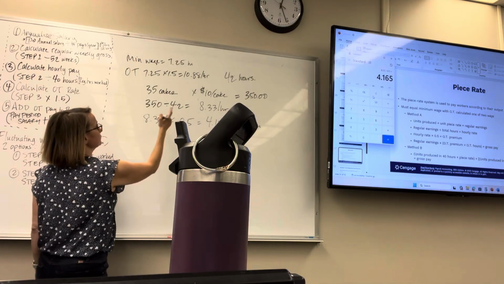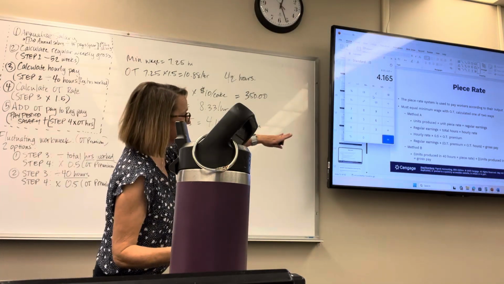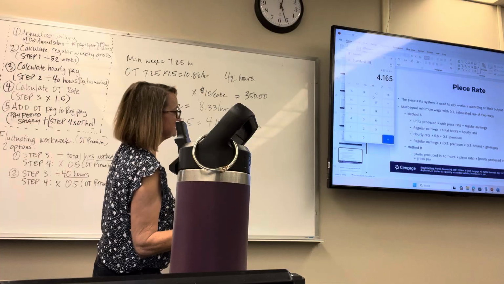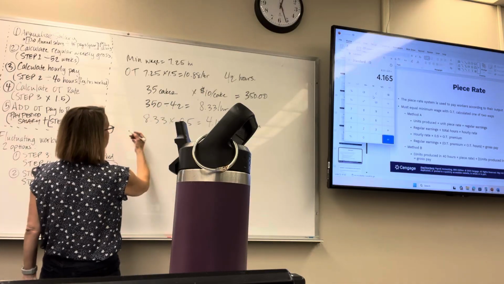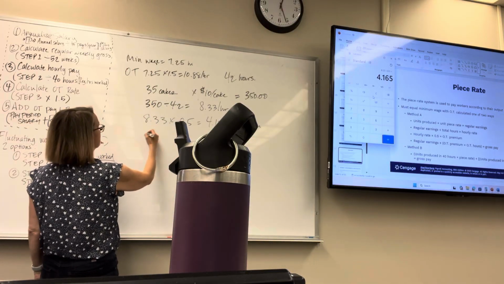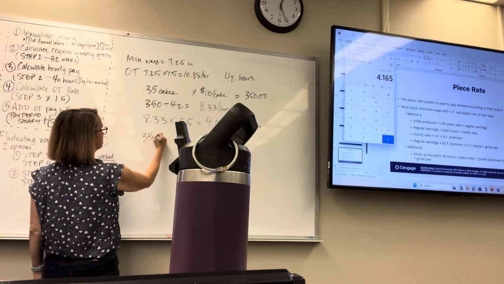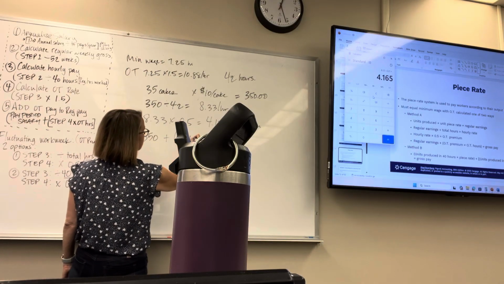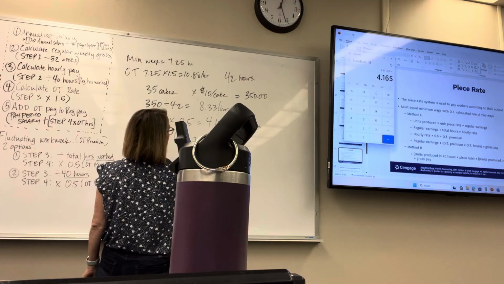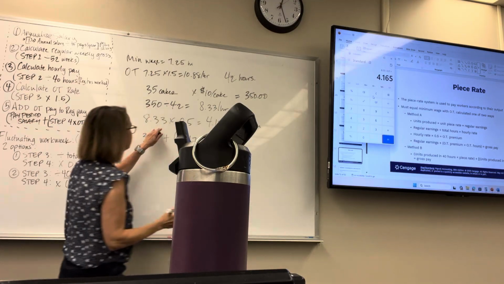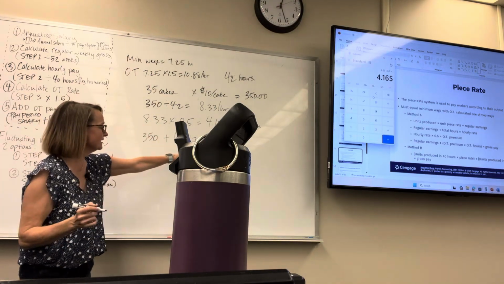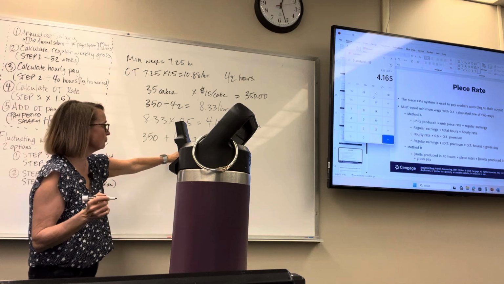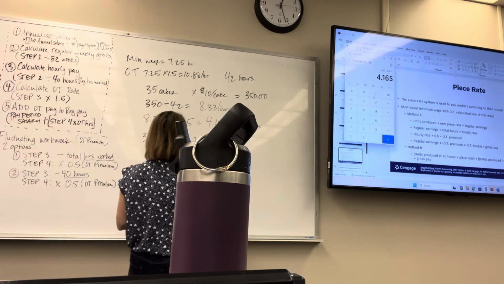So we're going to take our last part, we're going to take our regular earnings plus our overtime premium times our overtime hours. So 350 plus 4.17 times 2 hours. And this is an example, so that 8.33 is going to be, what, 8.34 here.